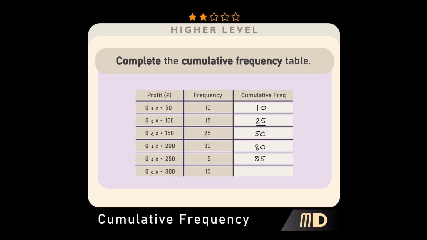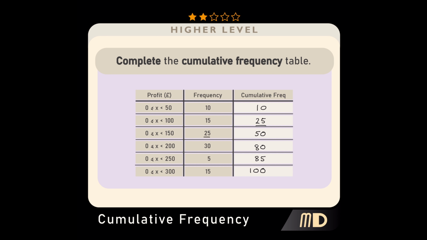So 85 plus 15 is 100. We were told that the data covered a period of 100 days. So the fact that our final cumulative frequency is also 100 indicates that we haven't made any arithmetic errors.